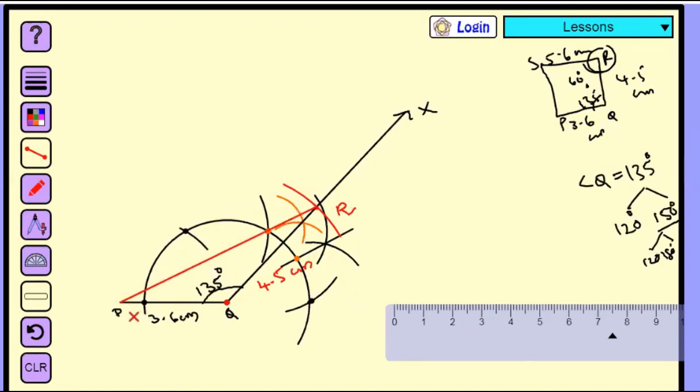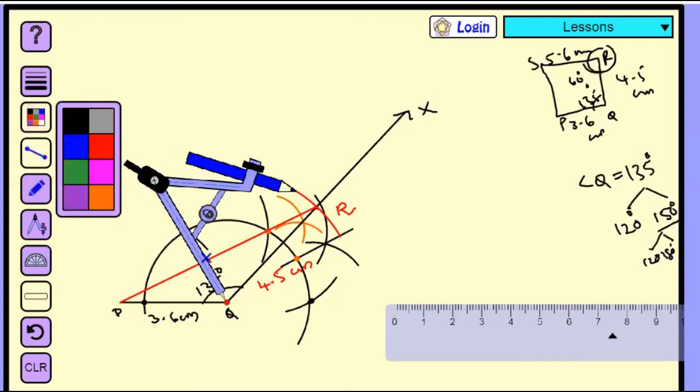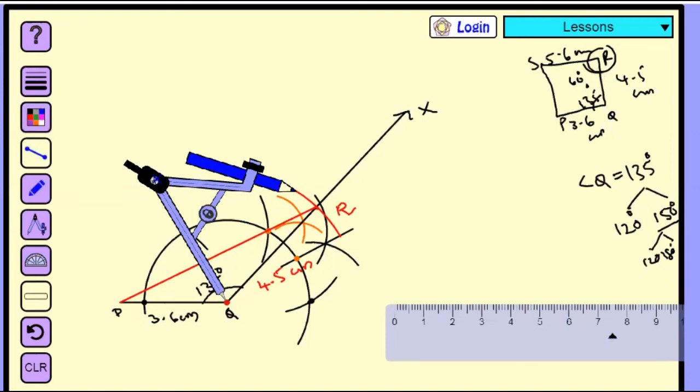Now after that, we are going to locate the point S here, and we are going to construct the angle R equal to 60 degrees. So first I'm going to construct the angle 60 degrees. So to construct the angle R 60 degrees, now place the compass.